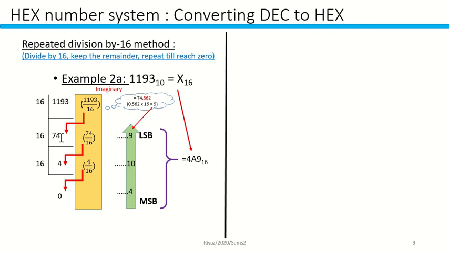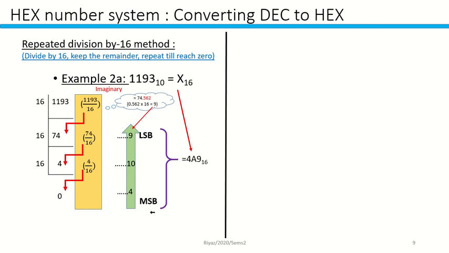Because this has not reached 0 yet, you need to divide by 16 again. 74 divided by 16, you have 4, and the remainder is 10. Then 4 divided by 16 gives 0, and the remainder is 4.